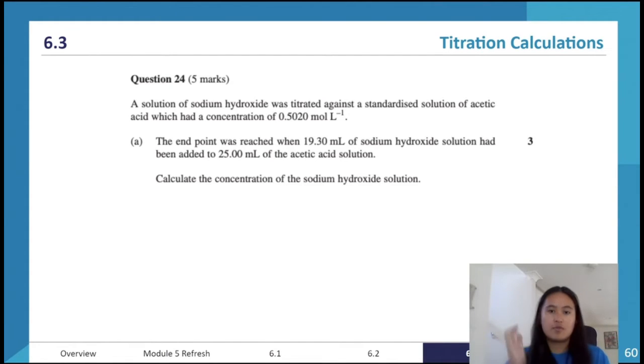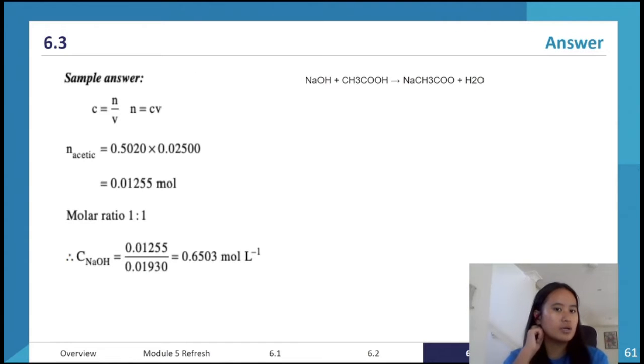You can use that 25 mL to find the number of moles of acetic acid because you had the standardized concentration. But above all, the first thing that you need to do is write out your equation. So NaOH plus acetic acid makes sodium acetate plus H2O.